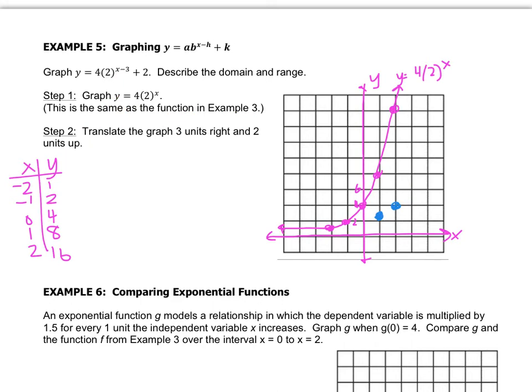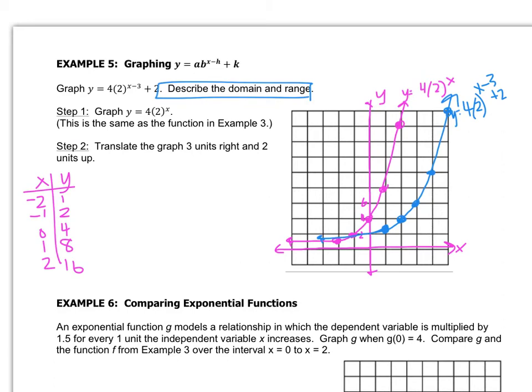Next one, 3 to the right, 2 up. Lands right there. Oh, right on my grid. All right, so we've got our asymptote, and that's the graph. So you can see it's a little easier, but again, you could have always gone and done the chart. And we're going to describe the domain and range in class.